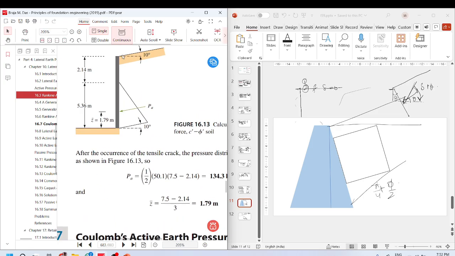You have to adjust this inclination here. Basically, what you're doing is you're increasing this itself, isn't it?